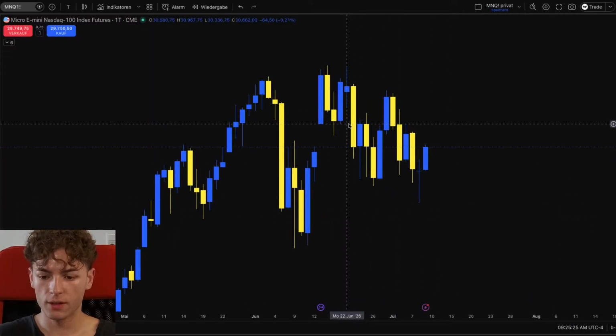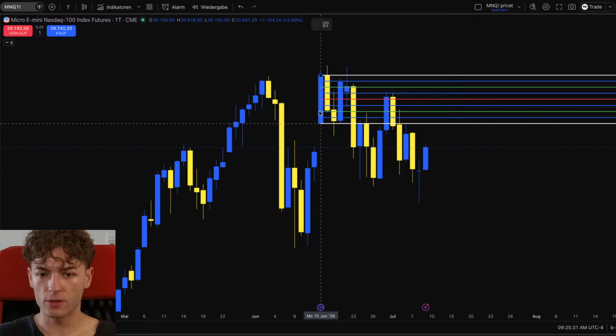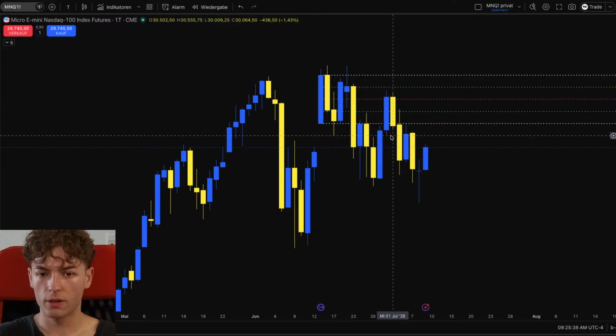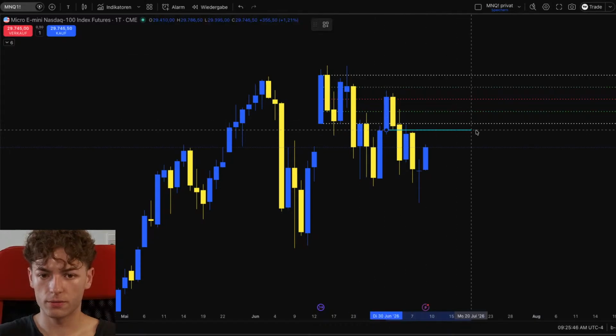So far we have respected PD arrays on the upside and on the downside. So this is a bearish order block. Okay, that's an order block. Price trades up into this order block, so this becomes, obviously, another order block.